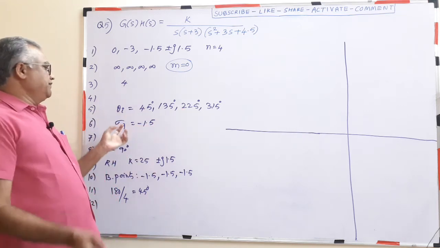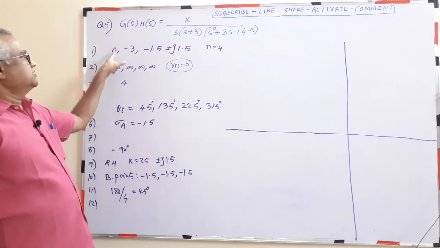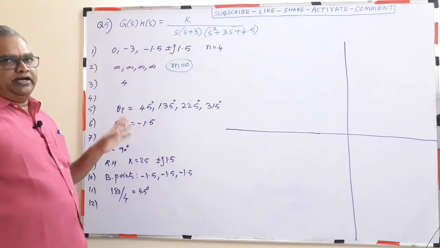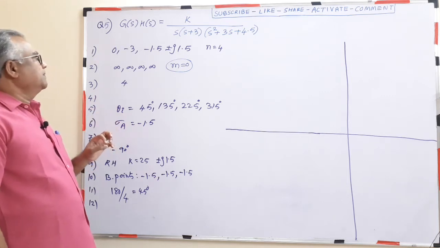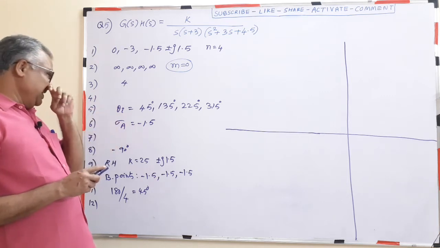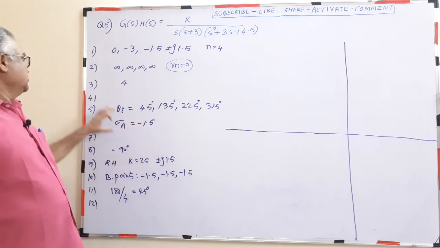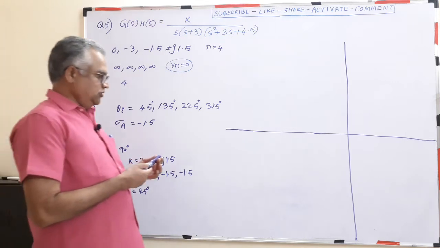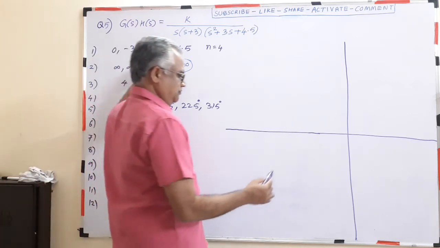Then intersection of asymptotes, sigma A. How to find this? Sum of finite poles minus sum of finite zeros, divided by n minus m. If you do that, you get this. So these 6 points, let us show it. First we have the poles.